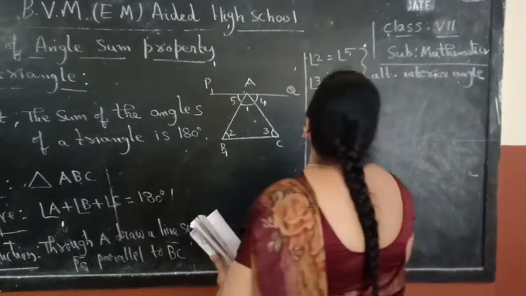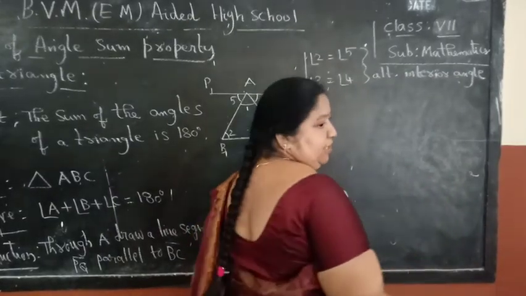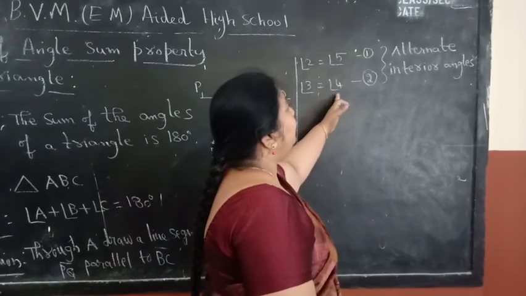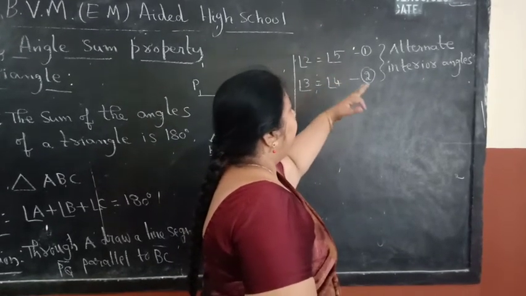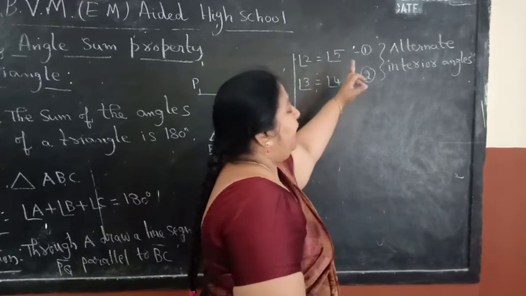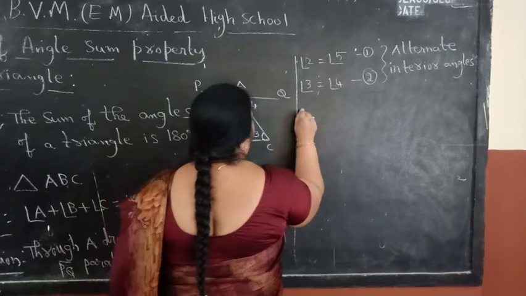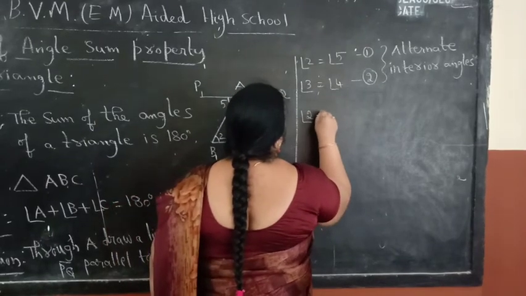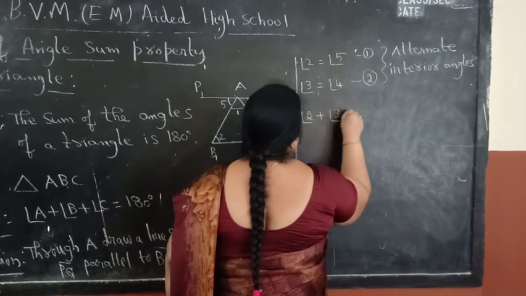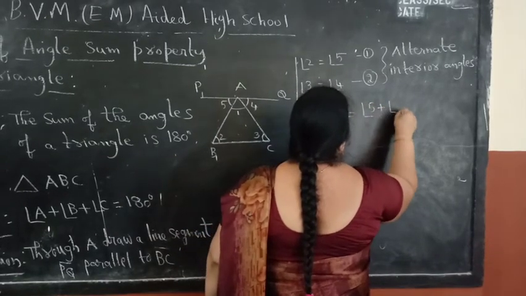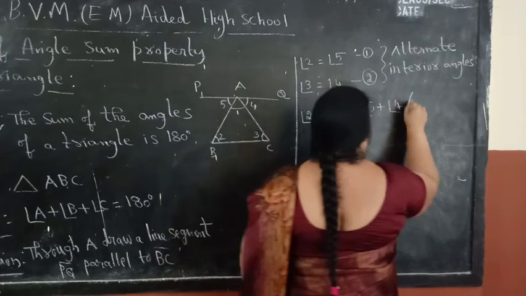Angle 2 is equal to angle 5, angle 3 equal to angle 4. Why? Because these are alternate interior angles. Adding: angle 2 plus angle 3 equal to angle 5 plus angle 4.